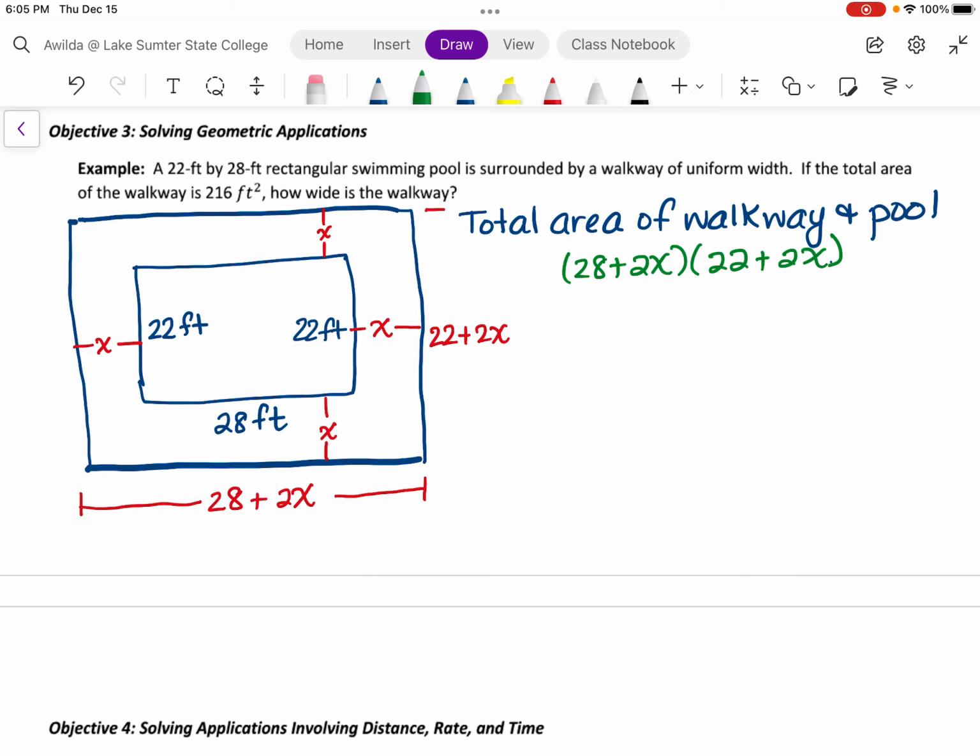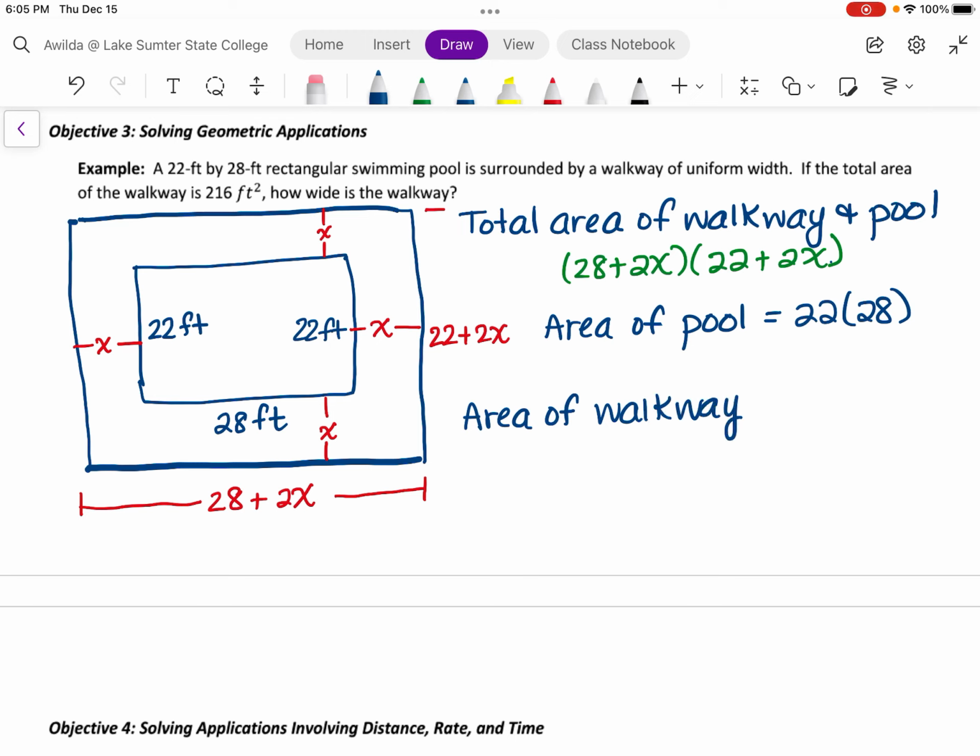Now, if we subtract from that the area of the pool, we should get the area of the walkway. So let's find the area of the pool. The area of the pool is equal to 22 times 28. That means that the area of the walkway would be equal to the area of the big rectangle, (28 plus 2x) times (22 plus 2x) minus 28 times 22, and we can write it backwards.